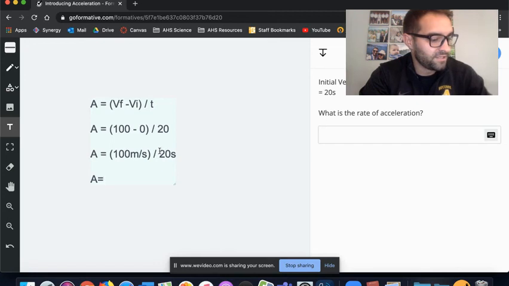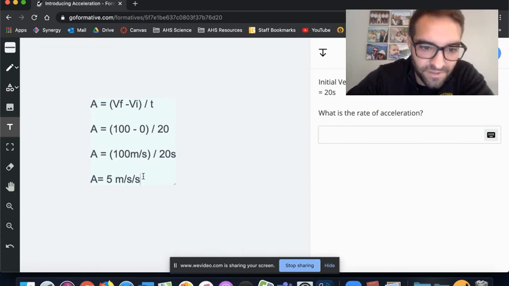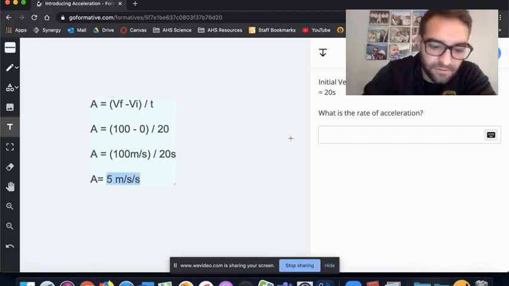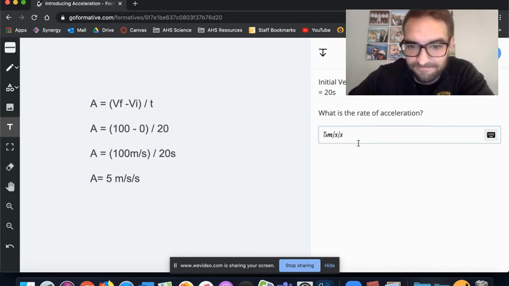So 100 divided by 20, yes, equals 5 meters per second would be the rate of acceleration. So that again would be your answer, and you can record it just like that.